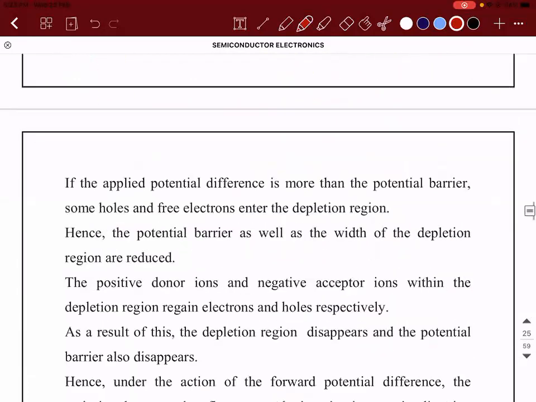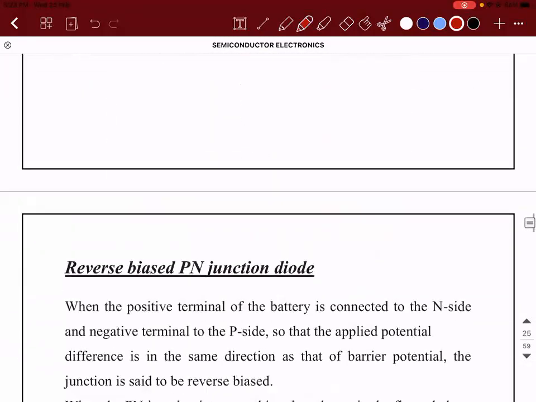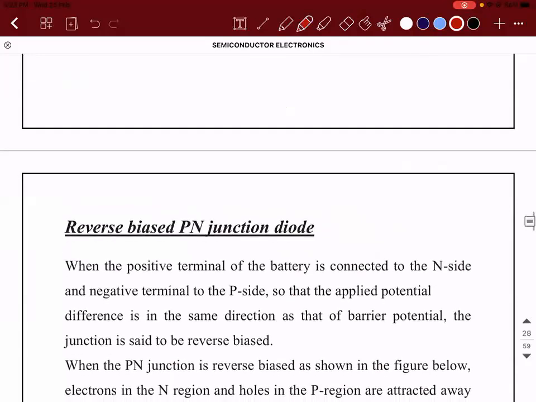Yes, sir. Now you guys tell me, when can I say it is in a reverse bias condition? For reverse bias condition, P should be connected to which terminal and N should be connected to which terminal? P to negative, N to positive. Very good. So P should be connected to negative and N should be connected to positive.